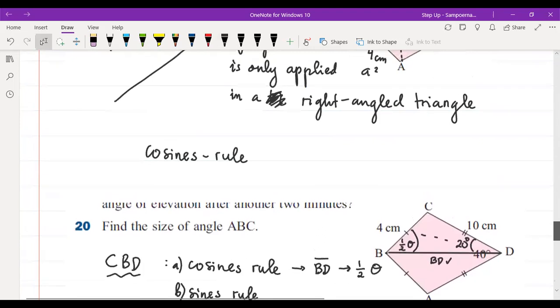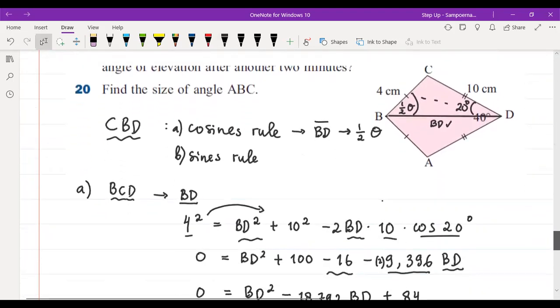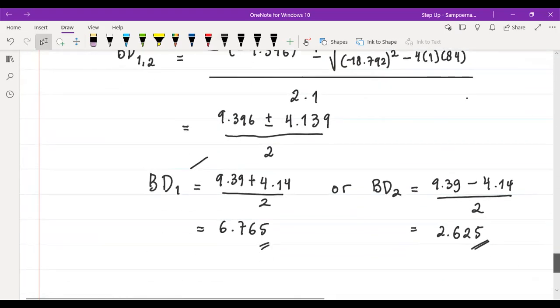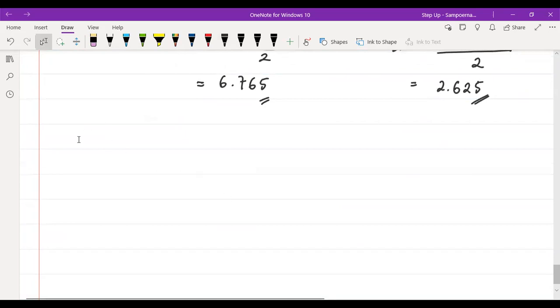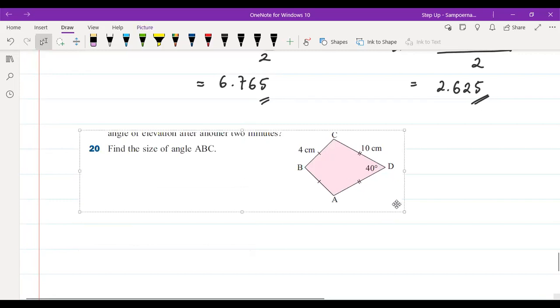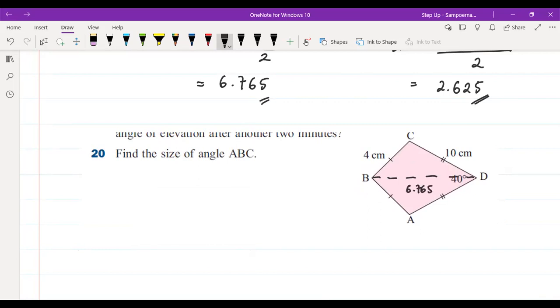If I see in the picture, the length is not 2, the length is actually 6.765. So I'm going to copy again the question. Meaning now you have this length, and this length is now given. This length is 6.765. Okay, and then you can apply 1/2 theta using cosines rule.